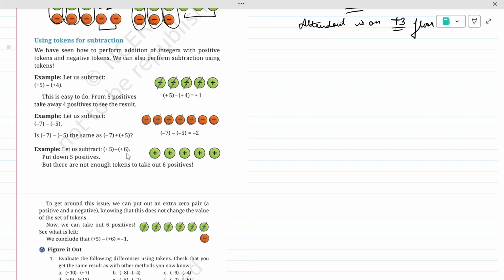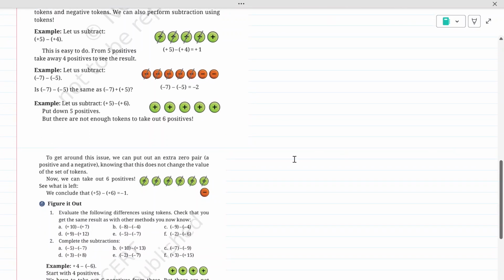So how can we subtract the 6 positive from 5 positive? In this case, we are introducing, or we can say adding, one extra zero pair. This is the zero pair which we are adding to the already present 5 green coins.